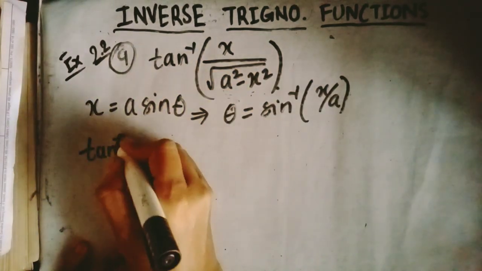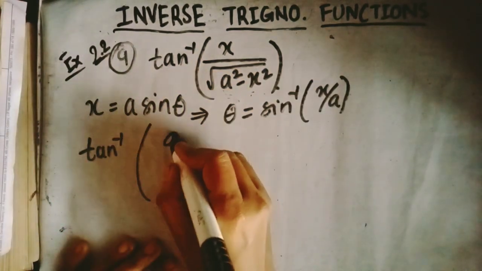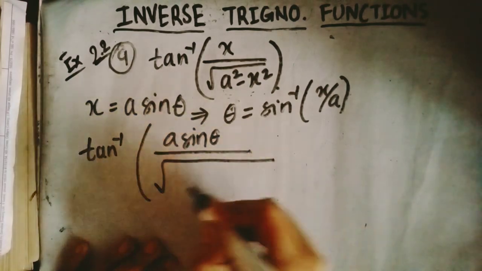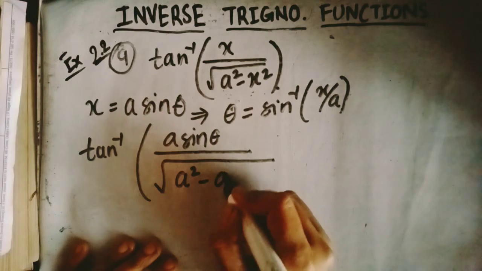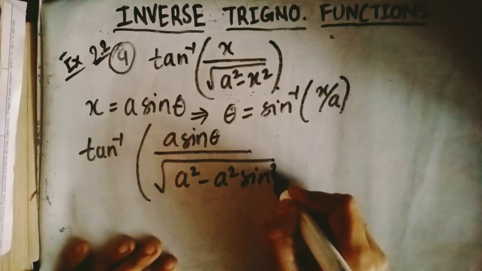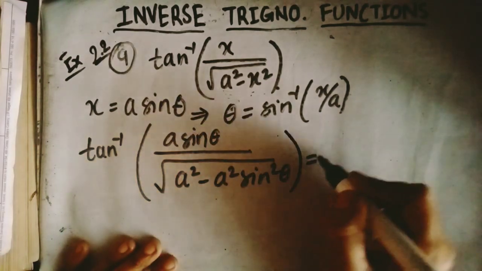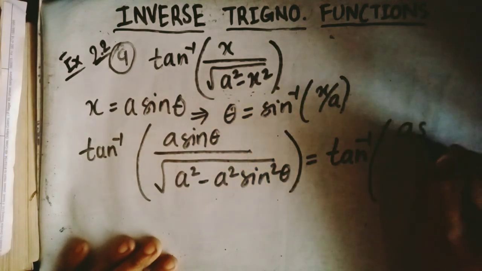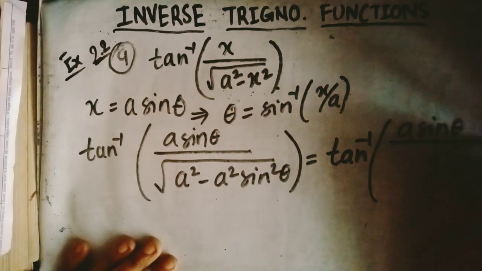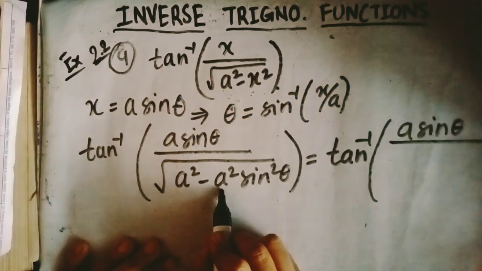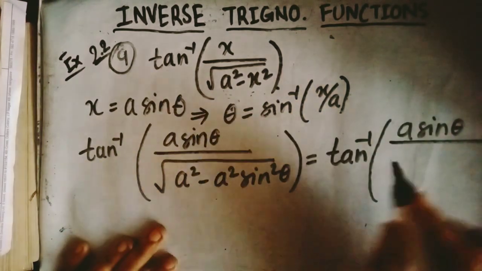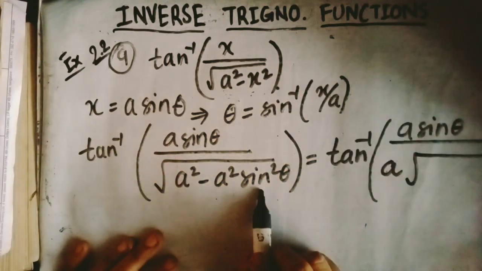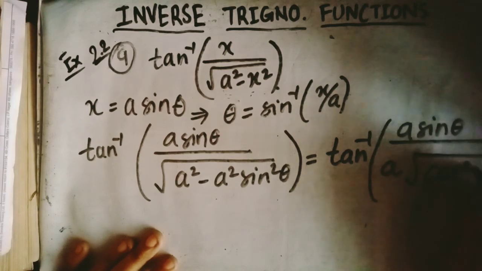So tan inverse, x is our a sin theta, upon root of a square minus a square sin square theta. So tan inverse a sin theta upon, a square we can take common, so under root you will get outside a, and inside you will get 1 minus sin square theta, which is cos square theta.